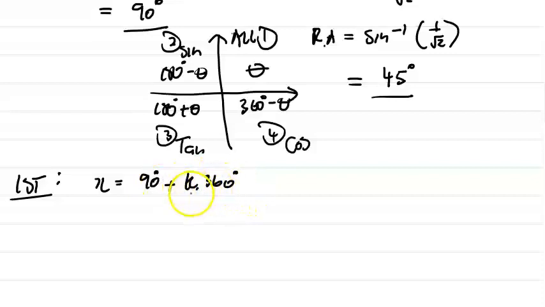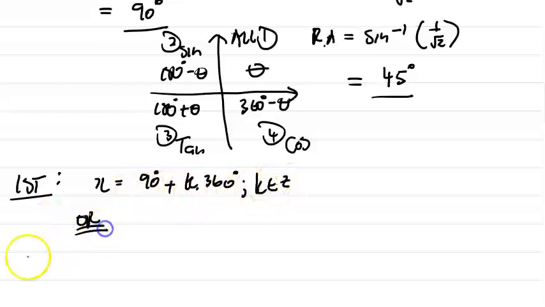Remember, k is any integer value, and 360 degrees is the period of cos x. So the graph of cos repeats itself every 360 degrees. That is the graph of cos x. So you have to say k times 360, where k is any integer, so k is an element of Z. Now you can't simplify that any further.